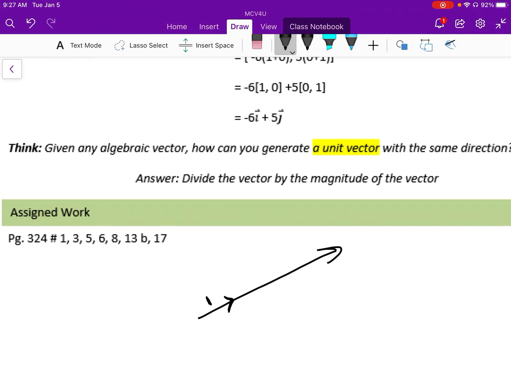Let's go back to vector u. Basically the unit vector is the vector u divided by the magnitude of vector u. So if it's of length 10 and you divide by 10, you get down to 1 again. You get a magnitude of 1 in the same direction as u.